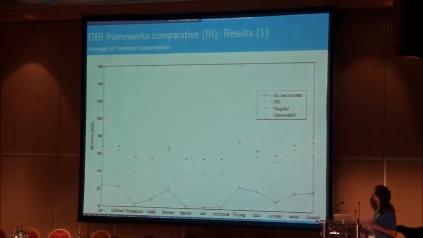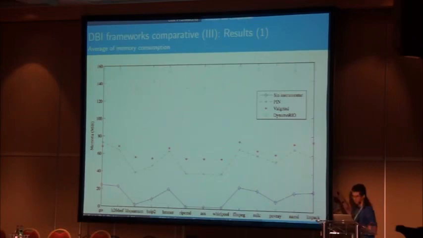So these are the results of the comparative. Sorry for the bad resolution, and it's also in Spanish because I don't have the vectorial graph, so I can't change it. Here we have the memory consumption in megabytes, and here we have all the binaries that are in our benchmark, some of them.